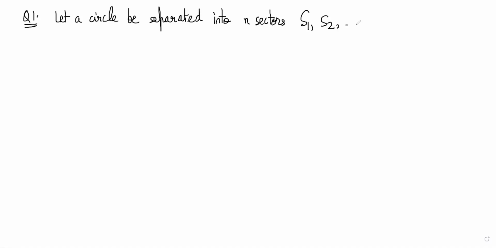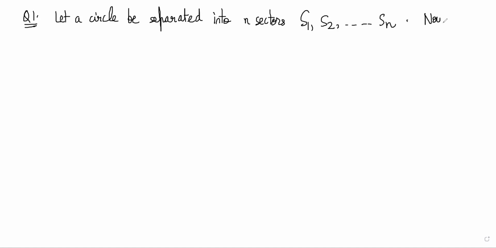So question 1 is this: let a circle be separated into n sectors, and these sectors are labeled S1, S2, up to Sn.